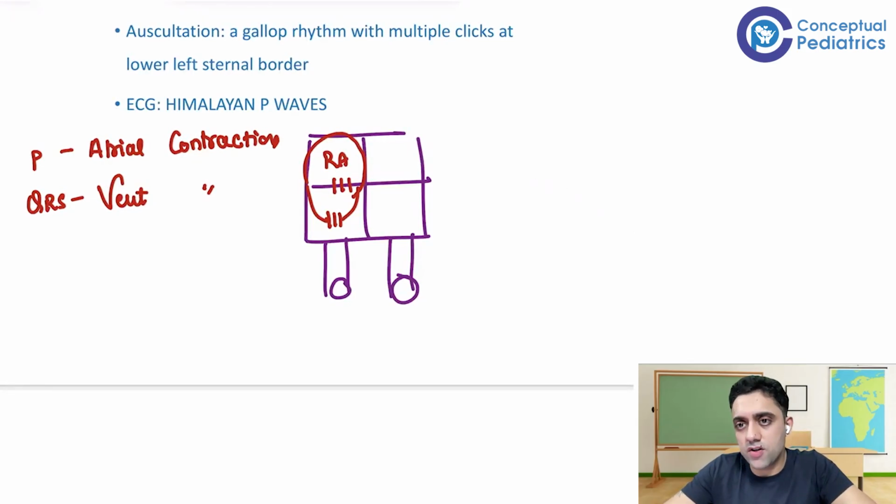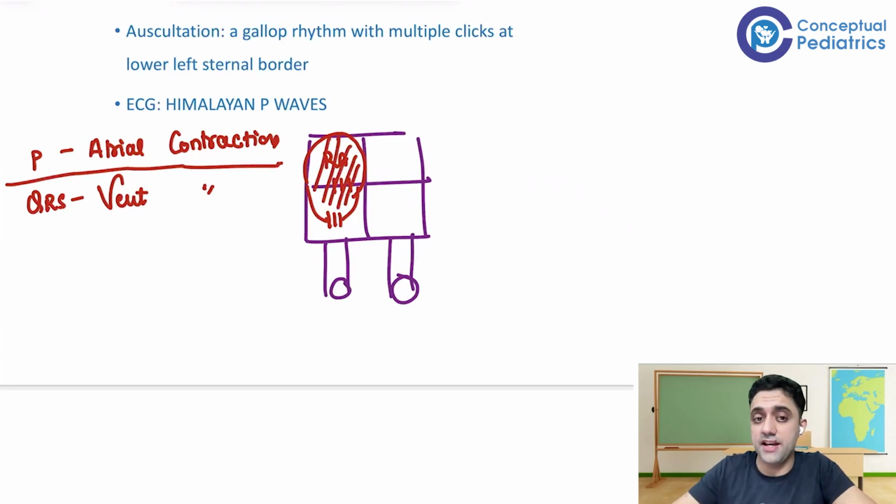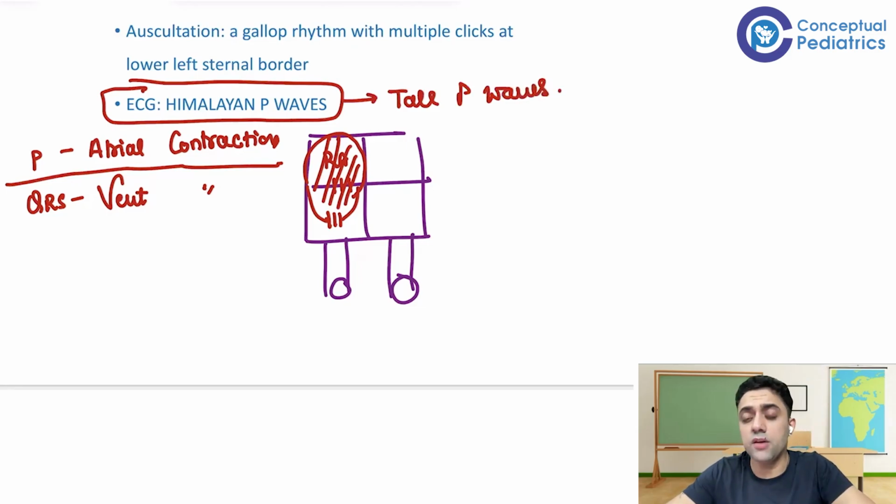So here the right atrium is very, very big, and a very big right atrium means very big P waves, something known as Himalayan P waves, or tall P waves. This is important for exam purposes. Where do you see Himalayan P waves and tall P waves? Very importantly, the answer is Epstein anomaly.